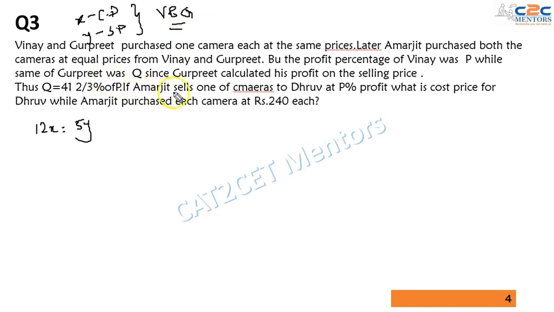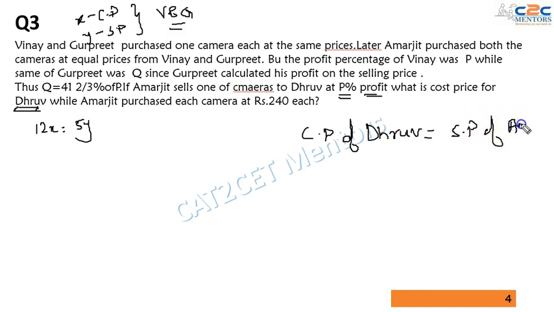Now if Amarjit sells one of the cameras to Dhruv at P% profit, what is the cost price for Dhruv? I have to calculate the cost price for Dhruv, which is nothing but the selling price of Amarjit. This is clear.